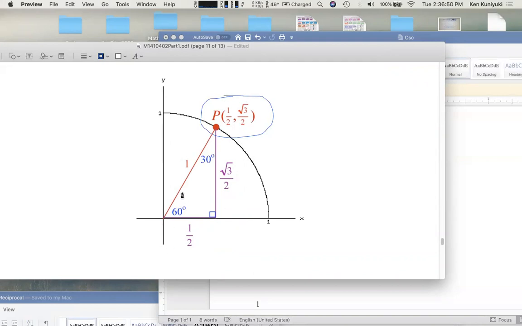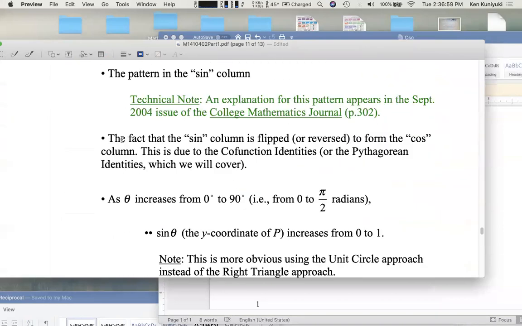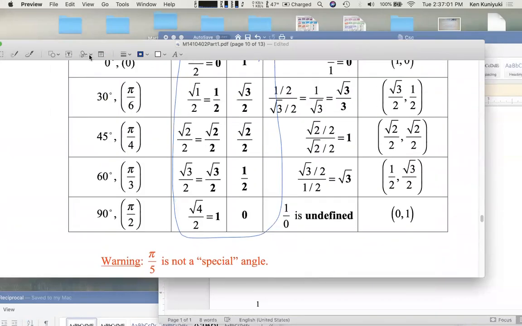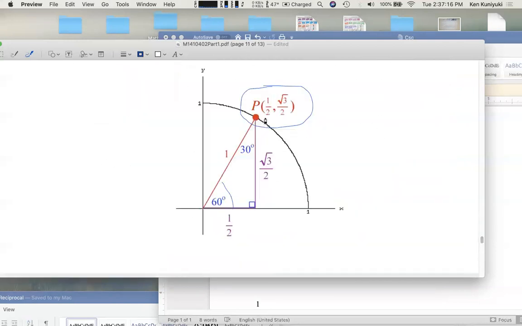So for example, for the 60-degree angle, we saw that the corresponding intersection point was 1/2, which is the cosine value, comma √3/2, which is the sine value, cosine comma sine. 1/2 comma √3/2. Over here, 1/2 is the cosine value, √3/2 is the sine value, x comma y.